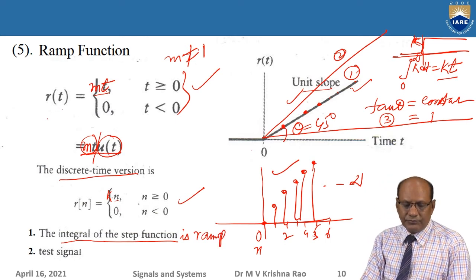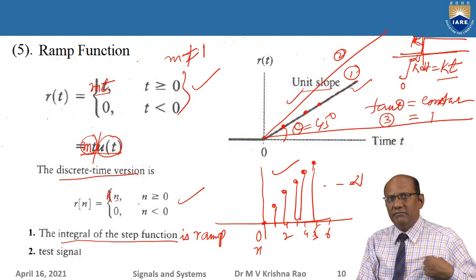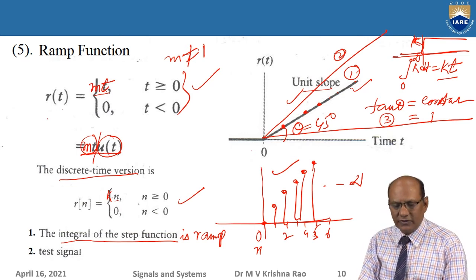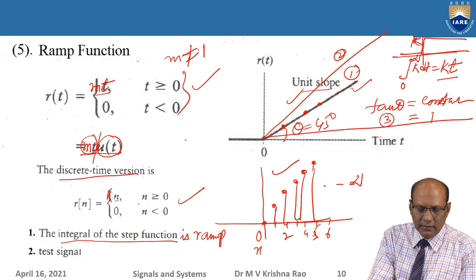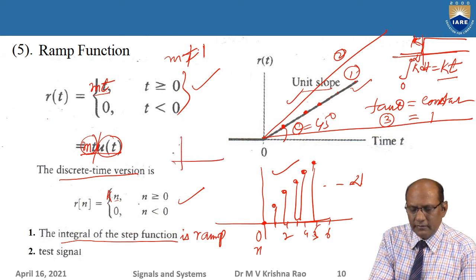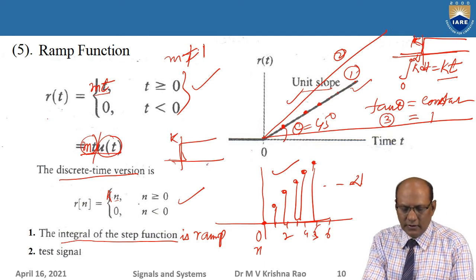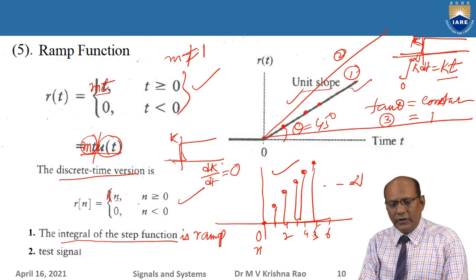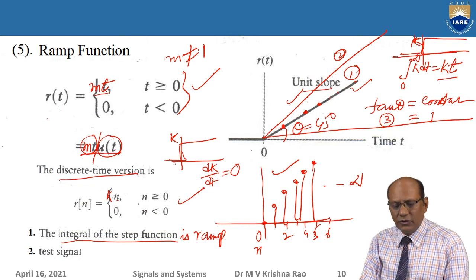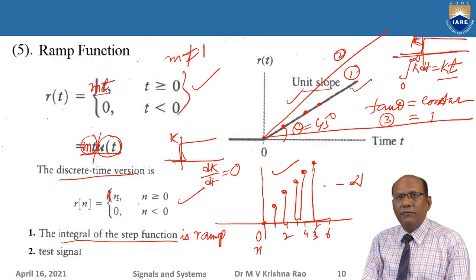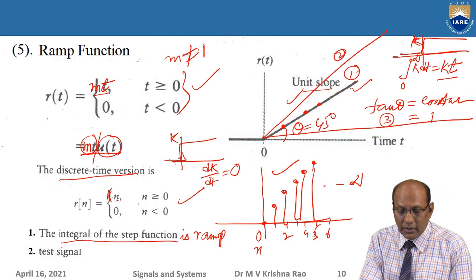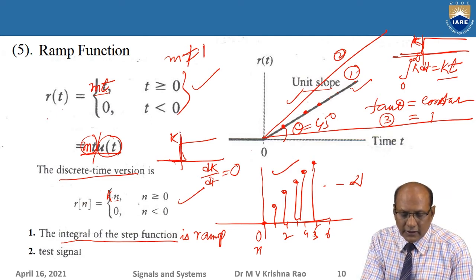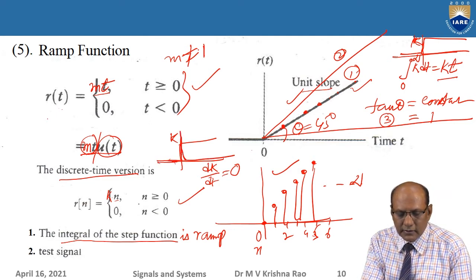What is the differentiation of step function? See, let us take some step function here, something like this. Differentiate this, dk by dt. It is a constant, 0. So when you differentiate, the constant will become 0. So the differentiation of step function is 0, but at the transition, actually how will you get?